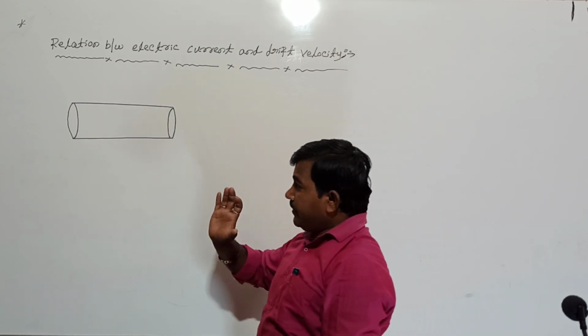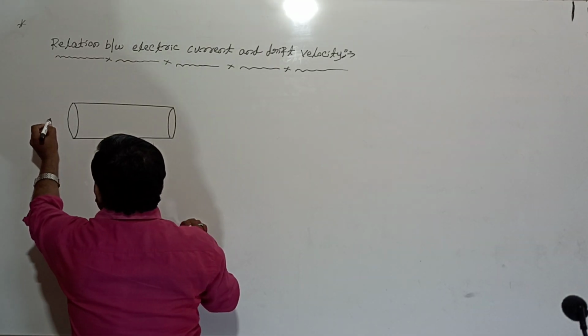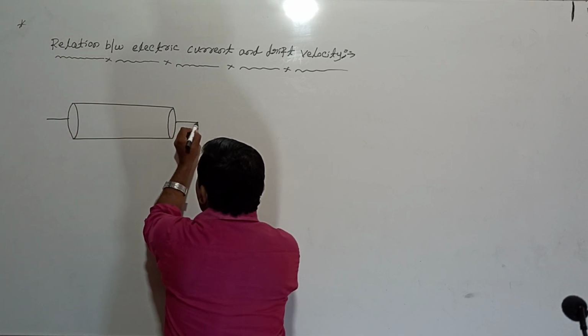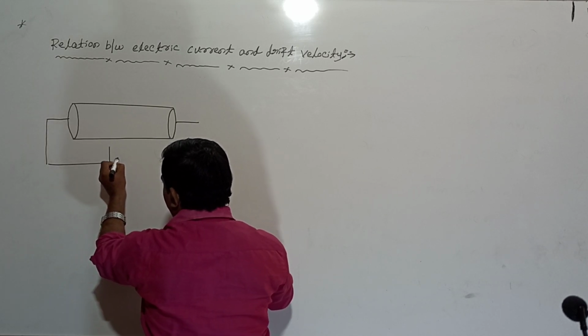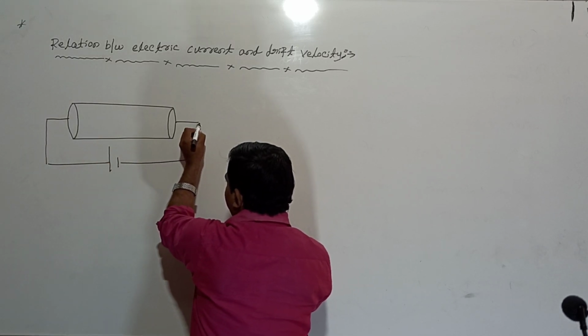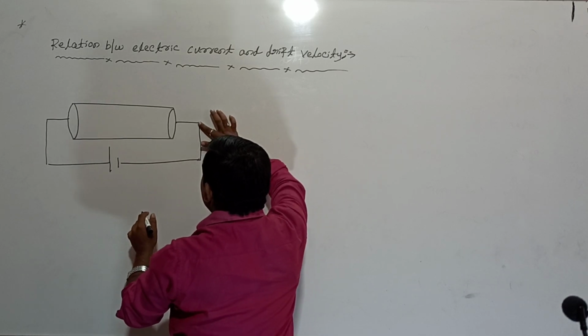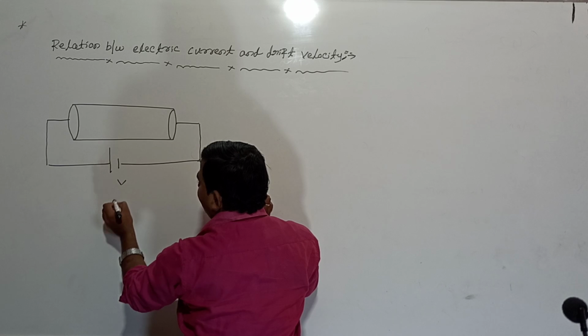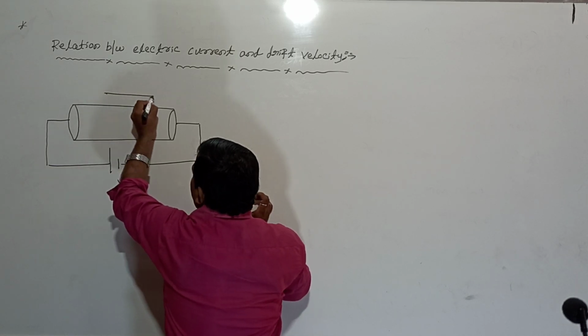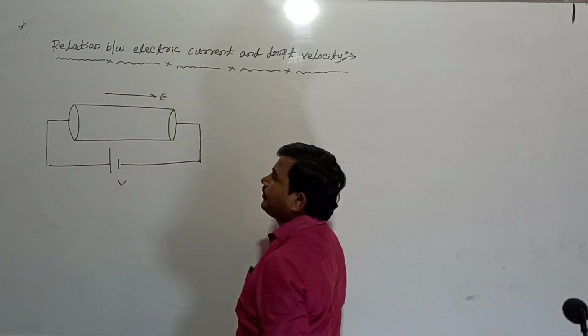When a potential difference is applied to the conductor, an electric field is set up at every point in the conductor.